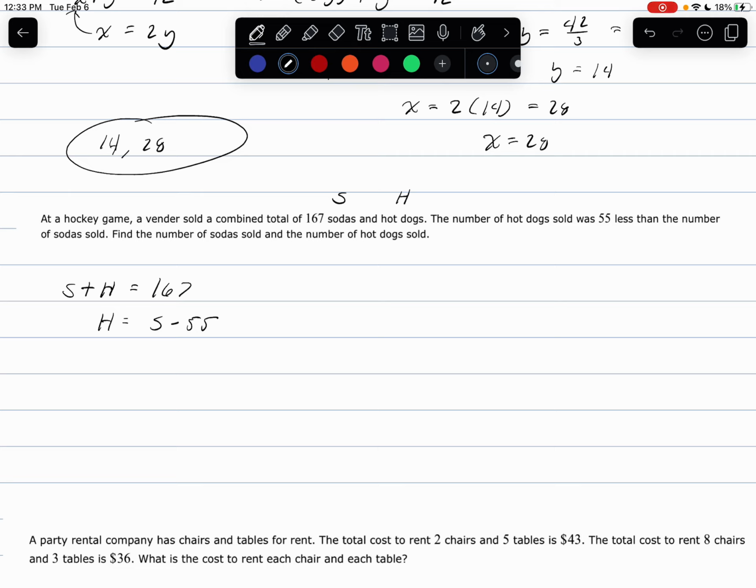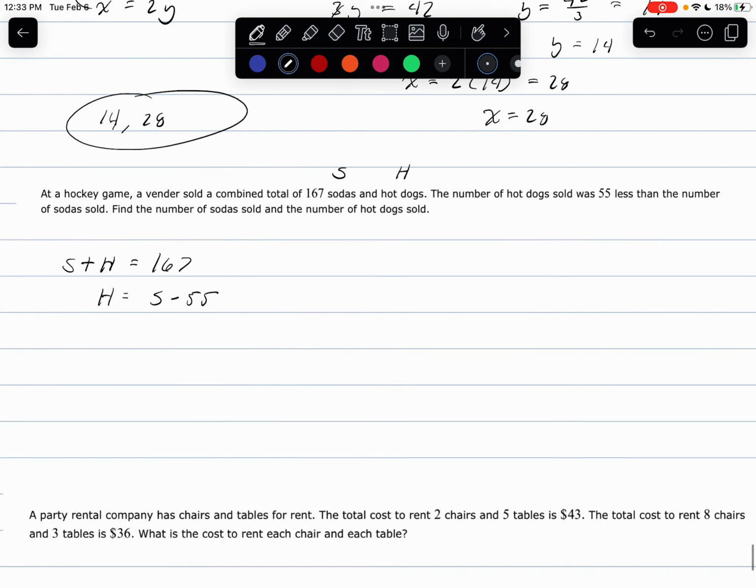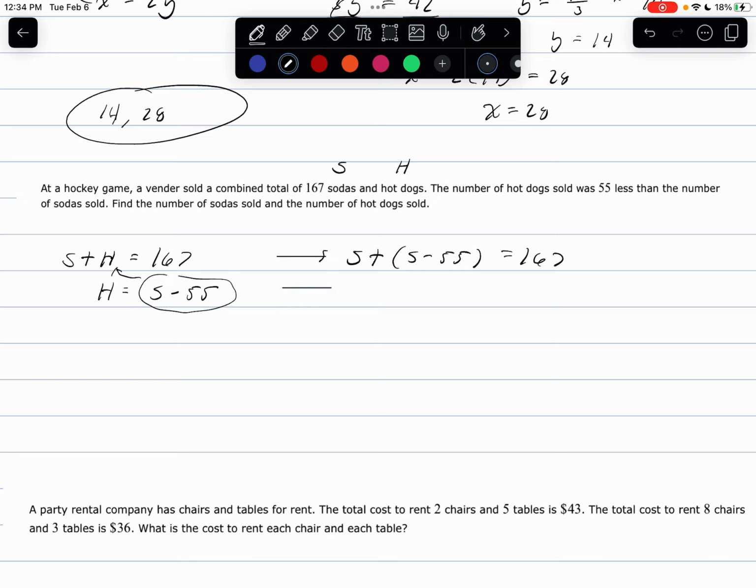Now let's do some substitution in order to solve this. We can take this value for H, S minus 55, and plug it in right here. This becomes S plus S minus 55 is equal to 167. If we combine like terms, we have S plus S, which is 2S, minus 55 is equal to 167.